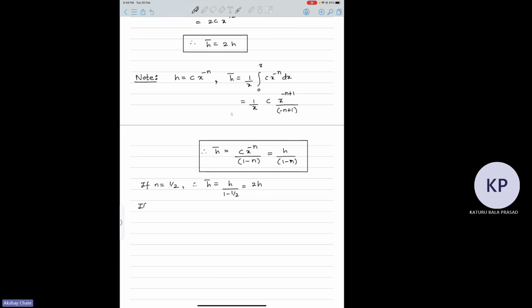Similarly, if in some other problem you find n as 1 by 3, then your average heat transfer coefficient will be h divided by 1 minus 1 by 3, so that will be 3 by 2 h, which is 1.5 times h. So this is a general solution to this kind of problem.